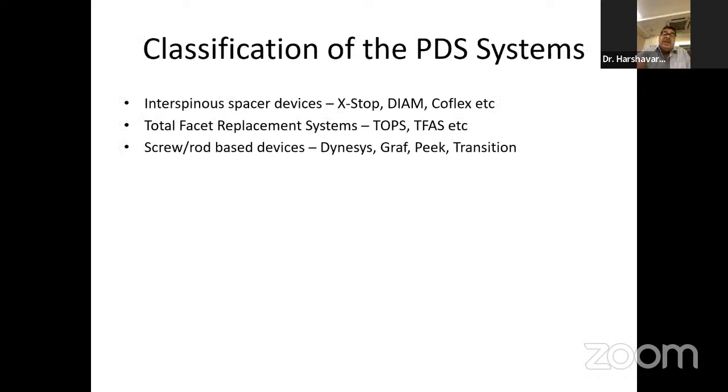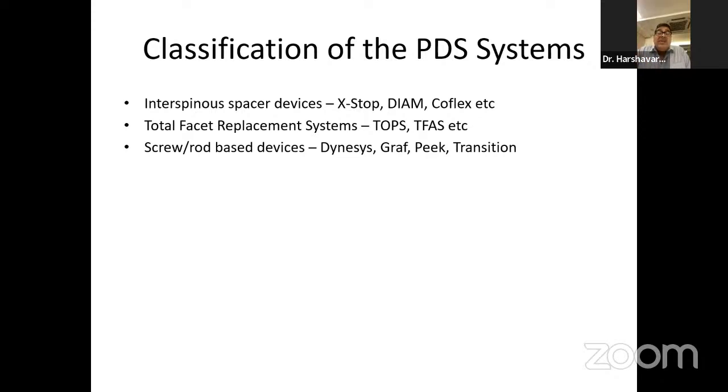If you don't want to go all the way and do a disc replacement, then you can go somewhere halfway. There are many devices, interspinous and spacer devices like X-Stop, DIAM, Coflex. There were also facet replacement systems like TOPS, TFAS, etc. But these were not available.